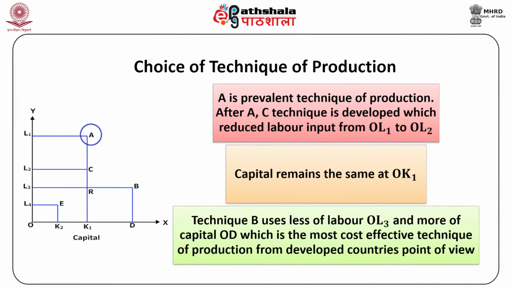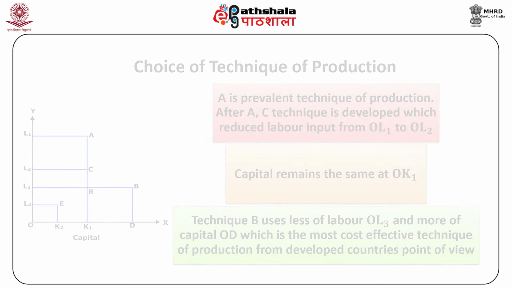the prevalent technique of production. After A, C technique is developed, which reduces labor input from OL1 to OL2. Capital remains the same at OK1. Technique B uses less labor, OL3, and more capital, OD, which is the most cost effective technique of production from developed countries' point of view.